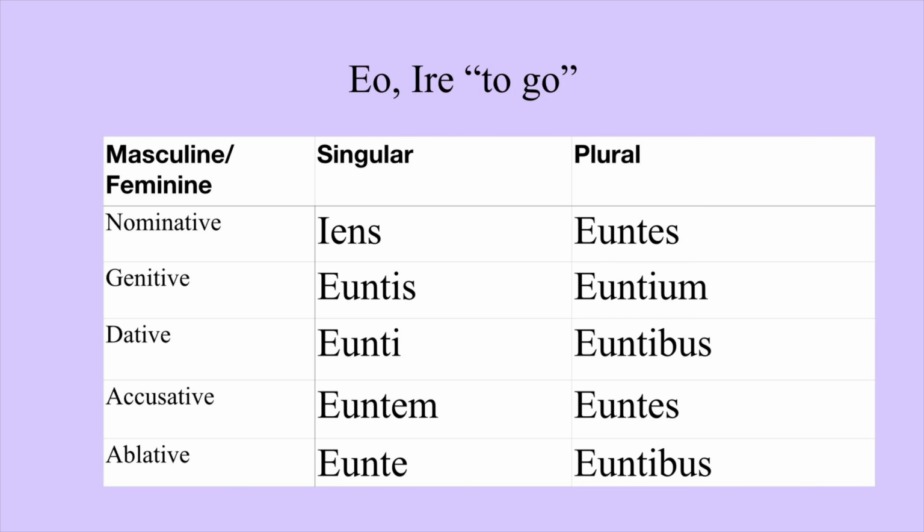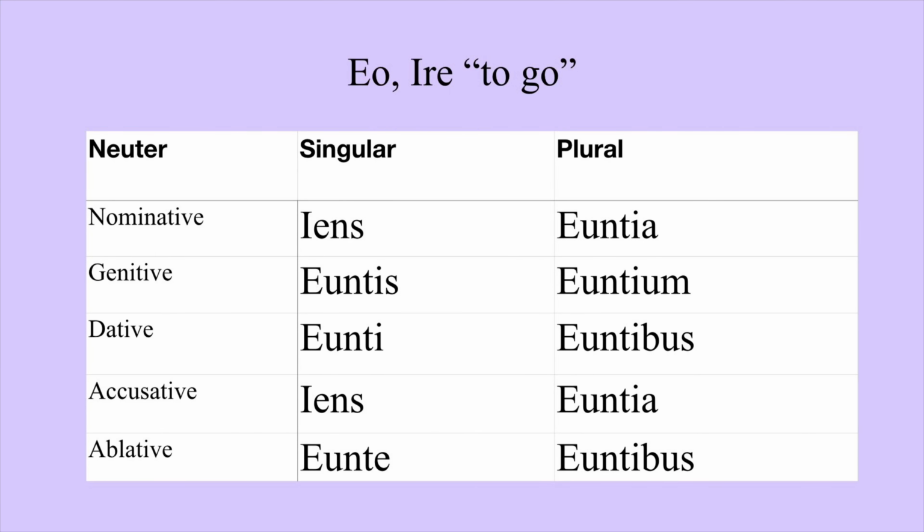Now when we come to the neuter, we will see, of course, we've got iens once again in the accusative, because the nominative and accusative neuter are always the same. So we have iens, euntis, eunti, iens, eunte, euntia, euntium, euntibus, euntia, euntibus. That is the present participle in Latin.